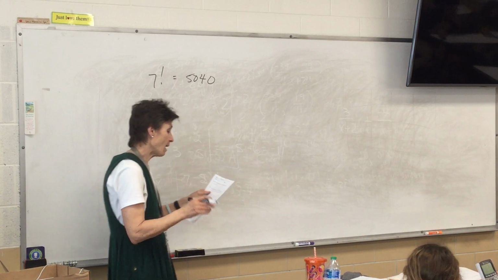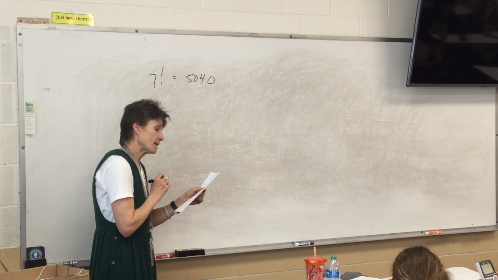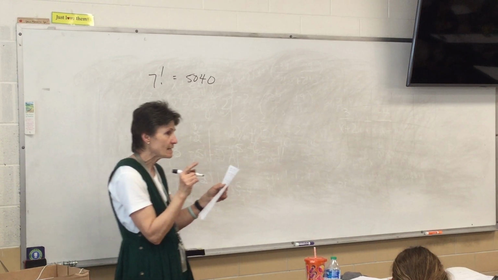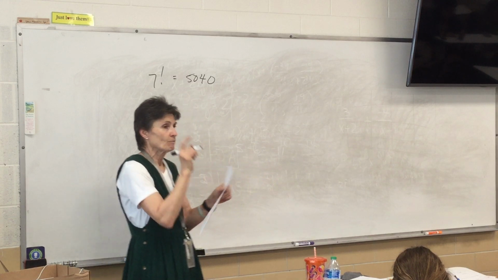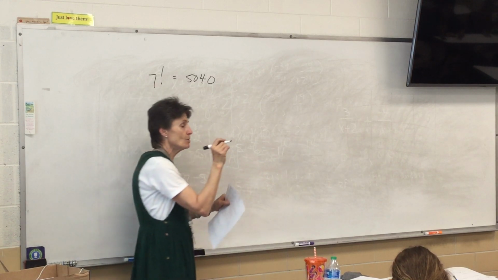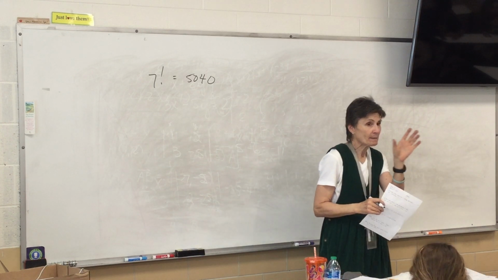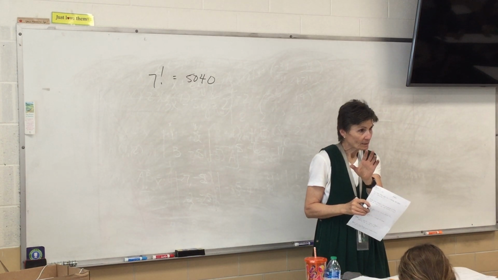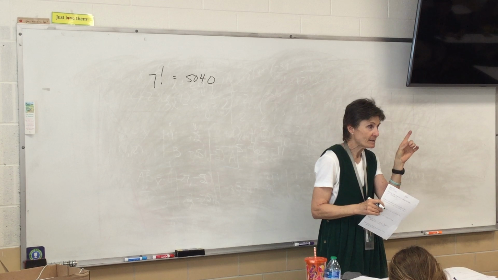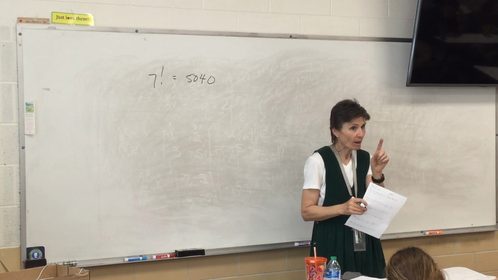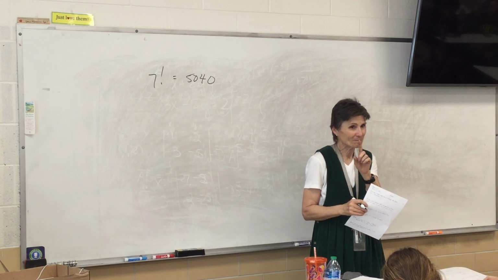How many ways can I choose a committee of 6 from a group of 10? So there are 10 people, and I'm going to pick 6 of them. Now I have to decide if it's going to be a P problem or a C problem.